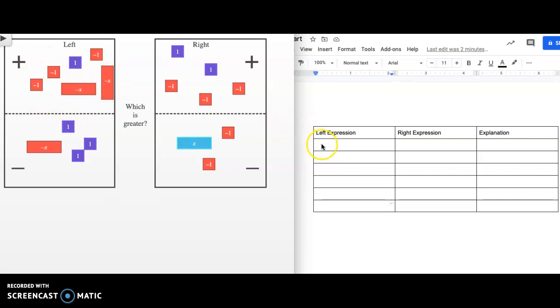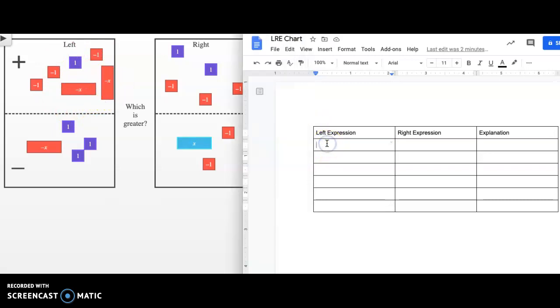So on my left mat, I'm going to begin in my top region, the top part of that expression mat. So in this top part, I have negative 2x, I have a positive 1, and I have 1, 2, 3 negative 1, so negative 3. And then I go down to the opposite region.